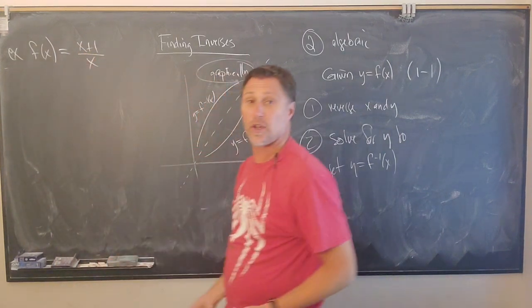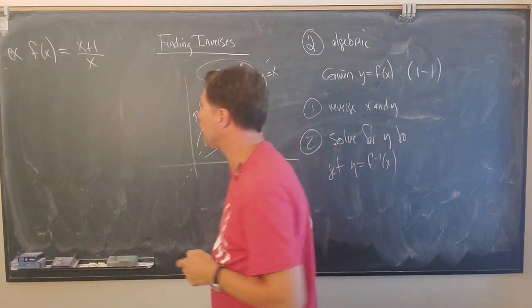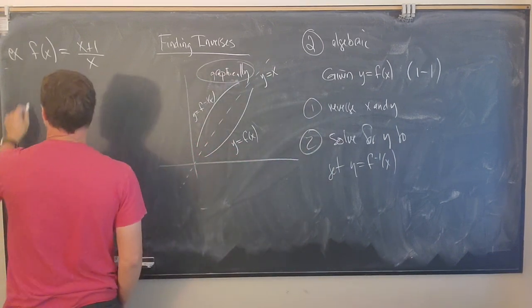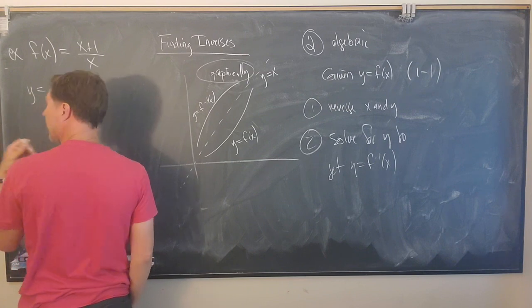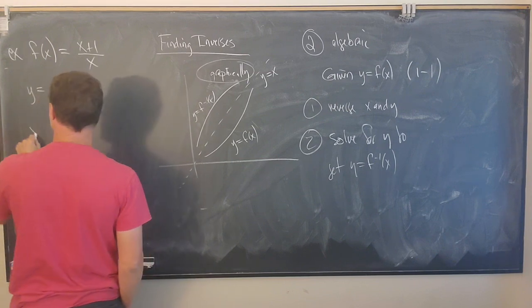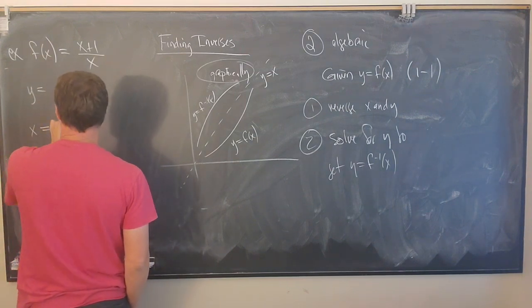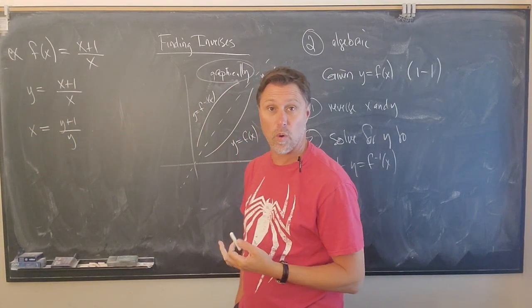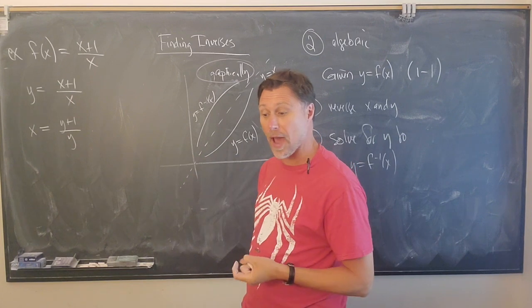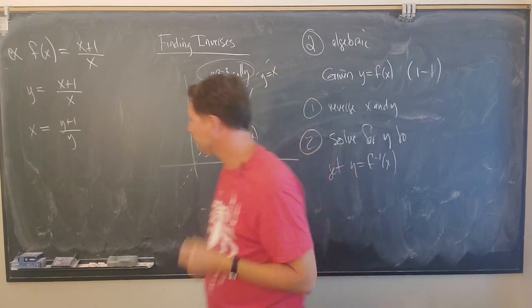You can check that this function actually is 1 to 1. So what I want to do is find the inverse. And so what I do is I write y equals x plus 1 over x. And then I reverse the roles of x and y. So that'll give me x equals y plus 1 over y. And now what I want to do is solve for y. Once I'm done, the formula that I'll have is the formula for the inverse function.